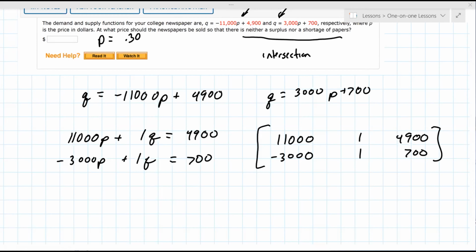Yeah, so I got 30 cents. Okay, that's correct. So we get P equals 0.3 and Q is 1600. All right, great.